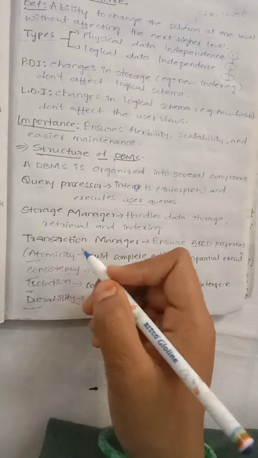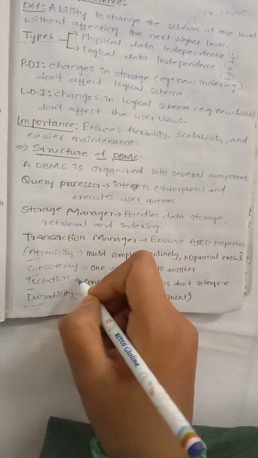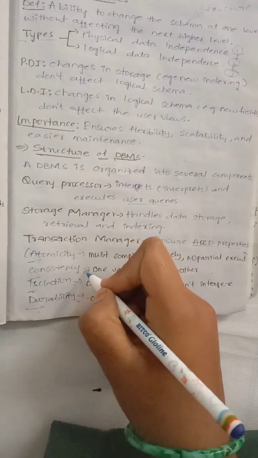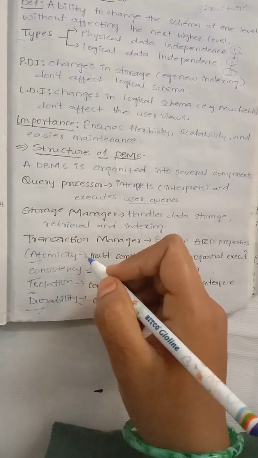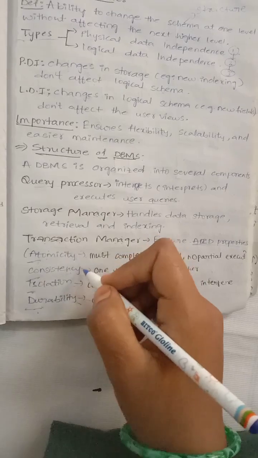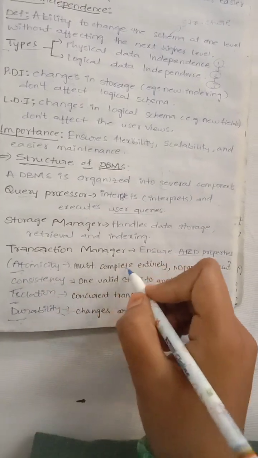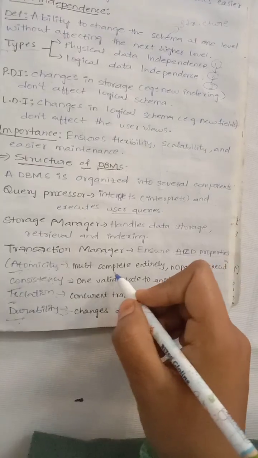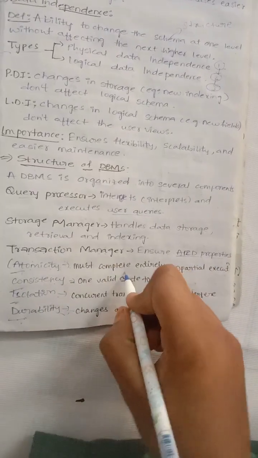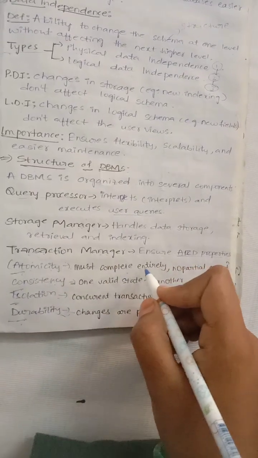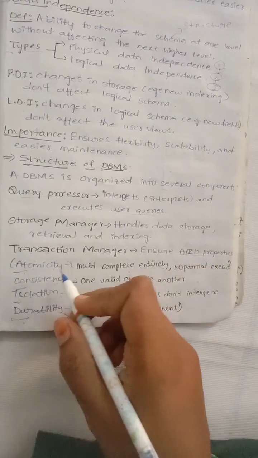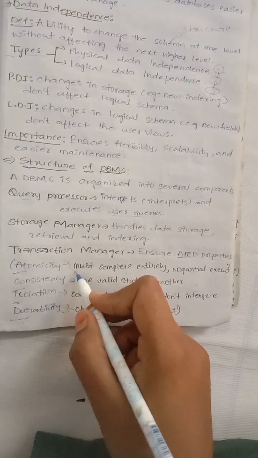Then you need to know the types of ACID properties and what these concepts are. Atomicity: the process must complete entirely, the total process must complete, and it should not be incomplete. This is known as atomicity, the first type.